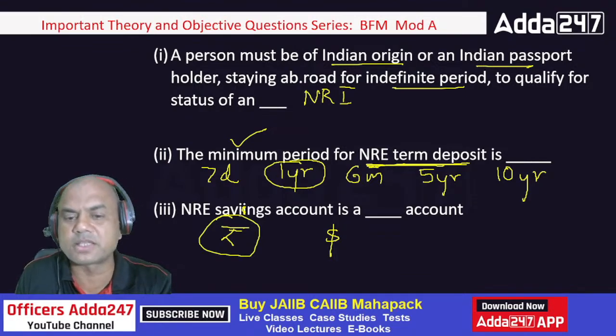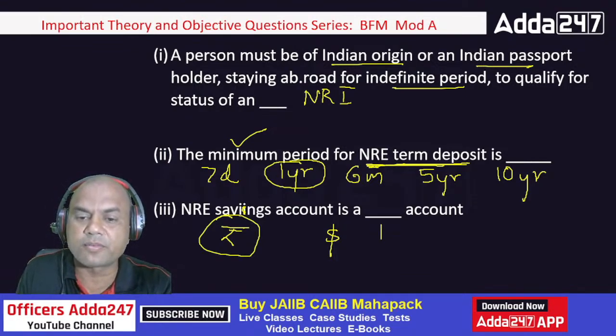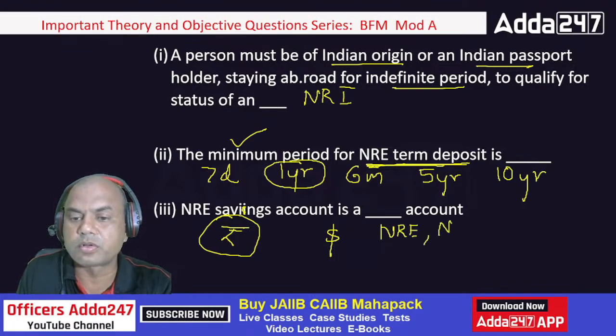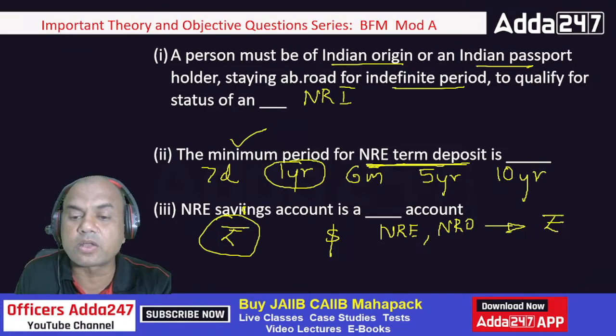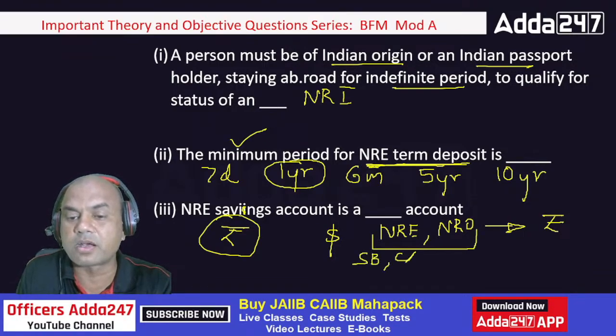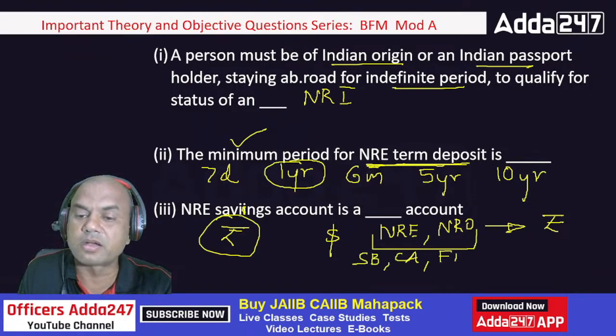I'll give you some explanation for this. NRE, NRO, these are both rupee accounts. They have to be maintained in rupees. NRE and NRO can be savings, current, or FD, term deposit.